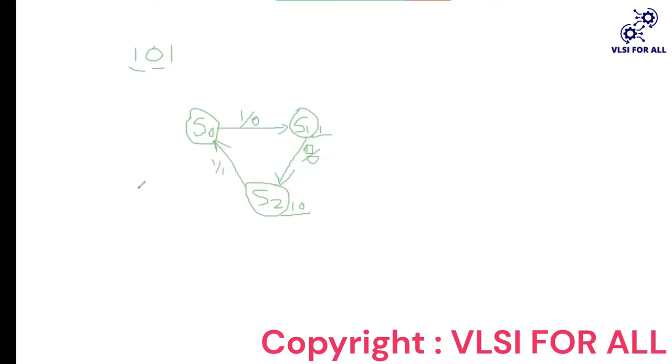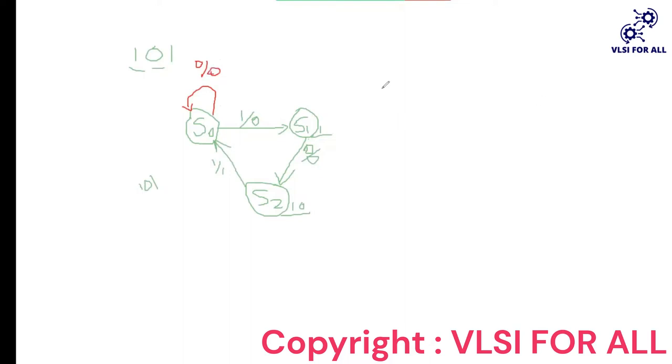That is 1 0 1. So this is the Mealy machine. For other inputs that are not being used, let us take a different color. So when we get 0 as the input here, it will get back to the same state, that is 0 by 0.